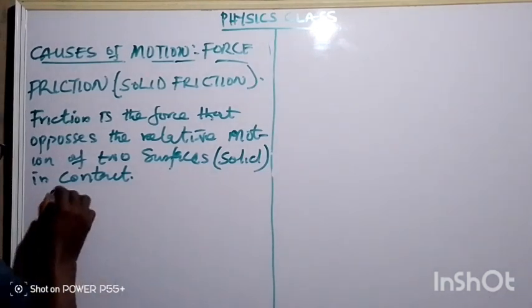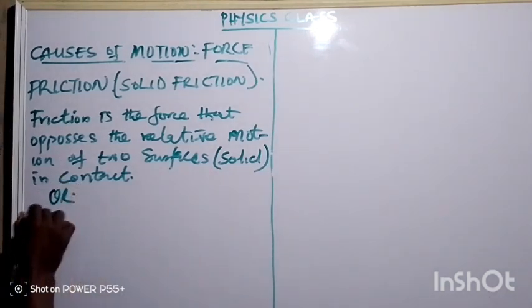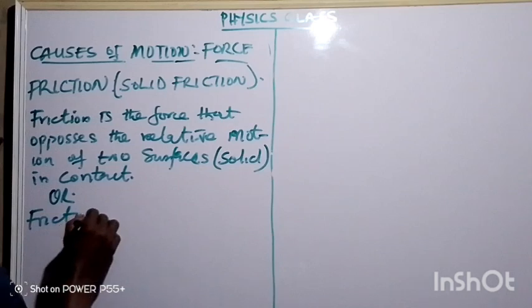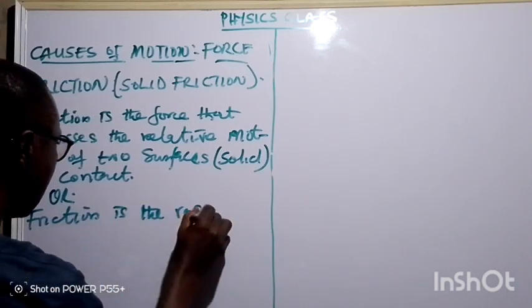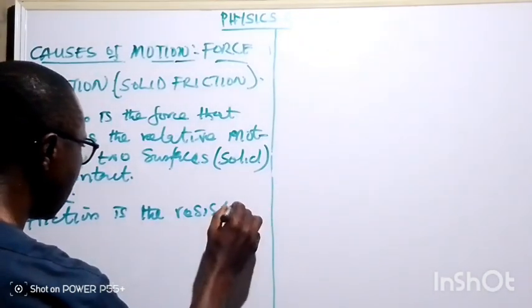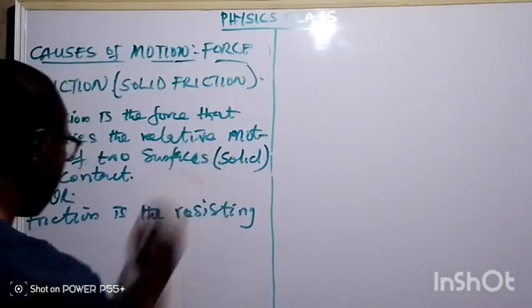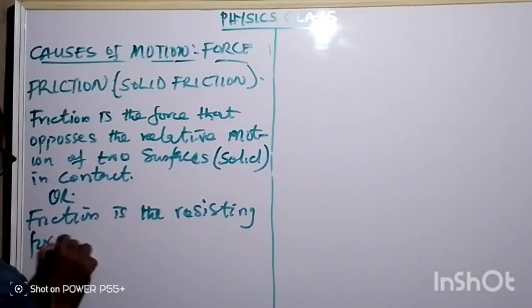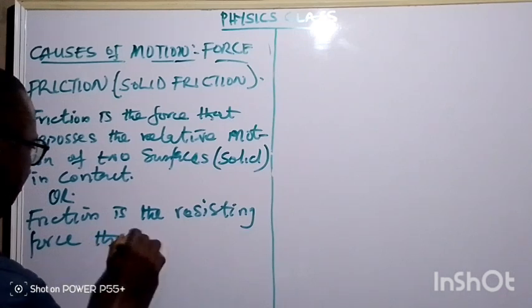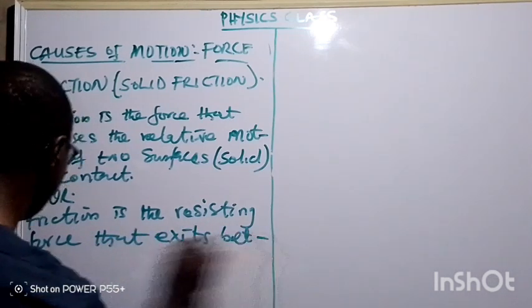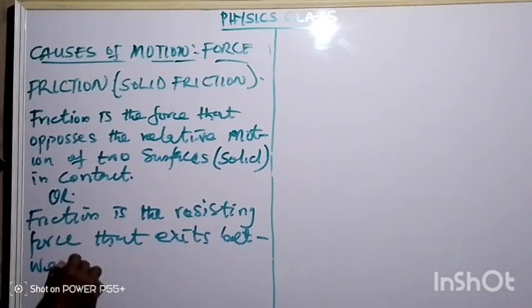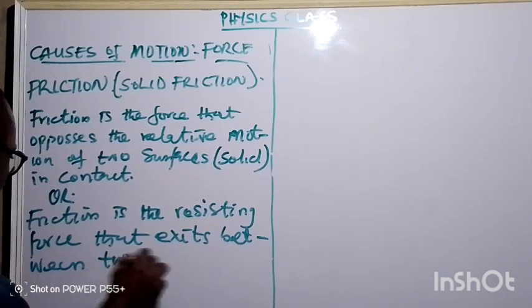Or, in another way, you can say friction is the resisting force that exists between two surfaces in contact.